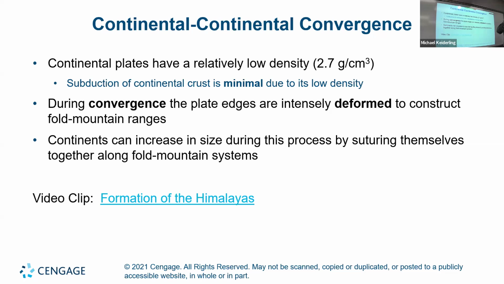And so they just fold and pile up. So the edges get intensely deformed and you get fold mountain ranges. And this is how continents can increase in size, by basically suturing on bits of land that was elsewhere.